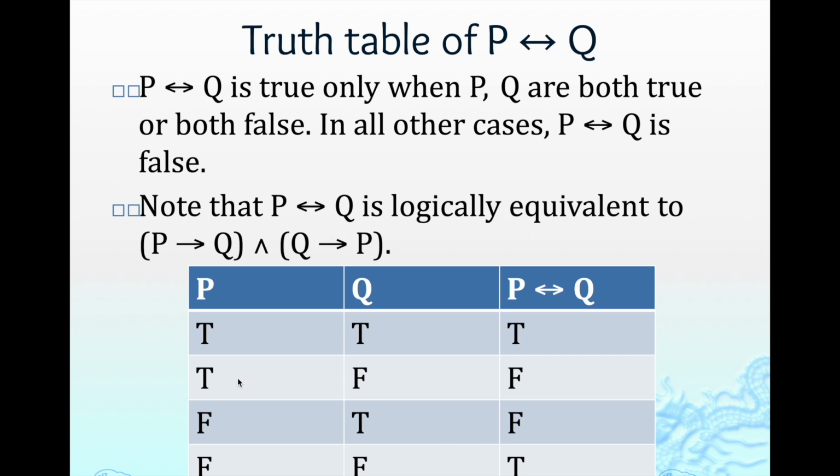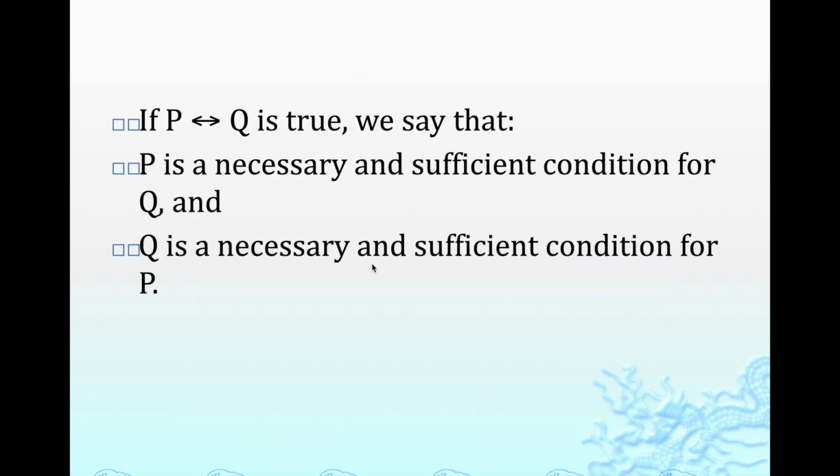But in this case, one of them is T and one of them is F for these two rows. So P iff Q is false. If P iff Q is true, we say that P is a necessary and sufficient condition for Q, and Q is a necessary and sufficient condition for P.